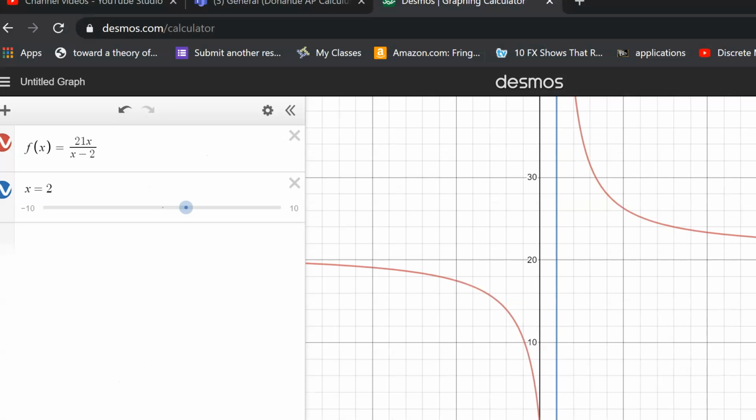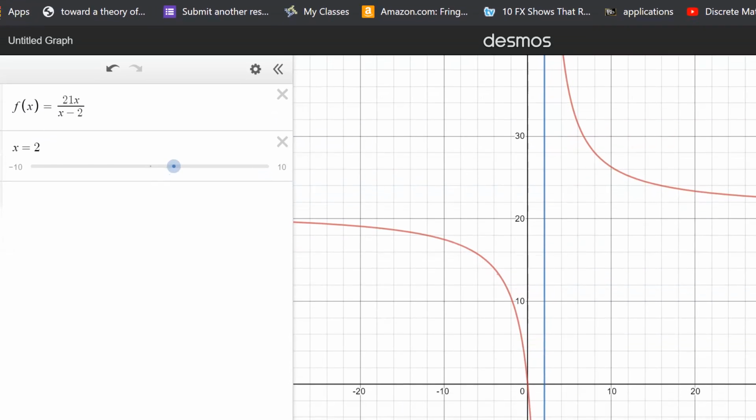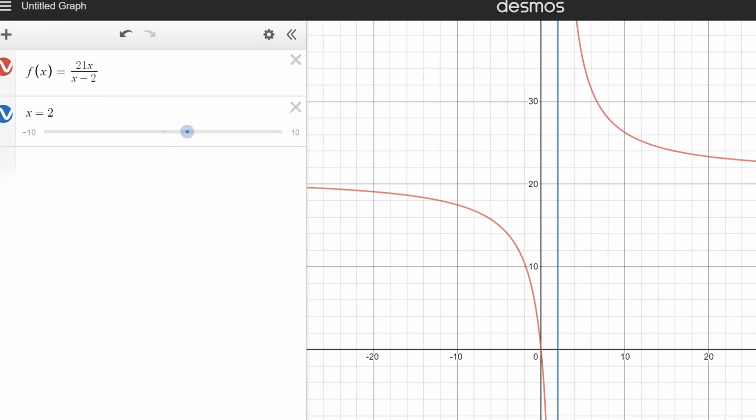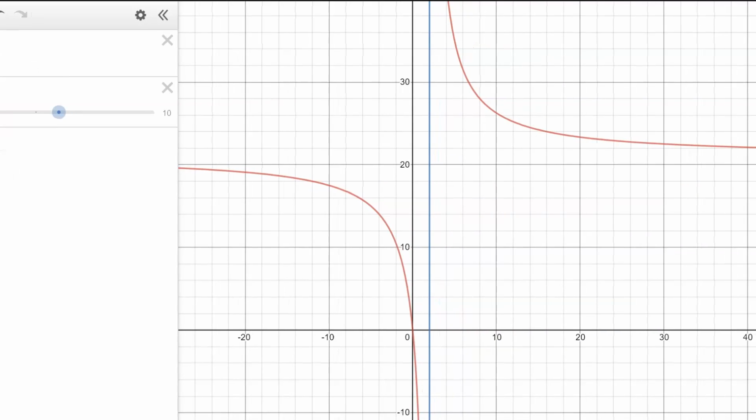So you go to desmos.com/calculator, and once you've done that, you type in the function f of x equals into one of the options, and then I put in the asymptote x equals 2 into the other.